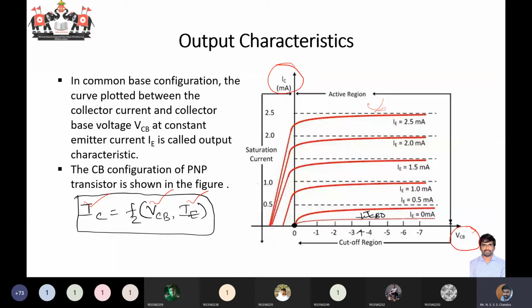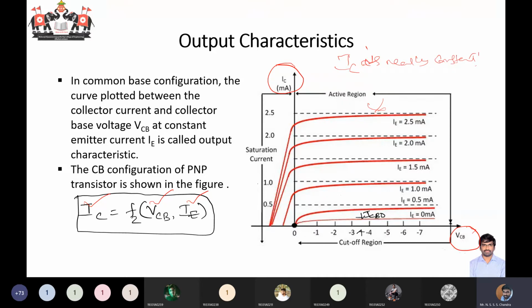So I can say that your IC is almost constant for a given IE. Irrespective of your VCB, whether your VCB is increasing or decreasing, your IC is nearly constant. That's why you're getting an almost horizontal flat graph, right?